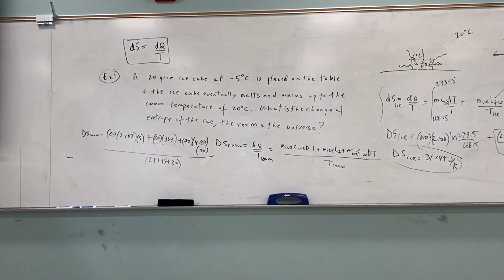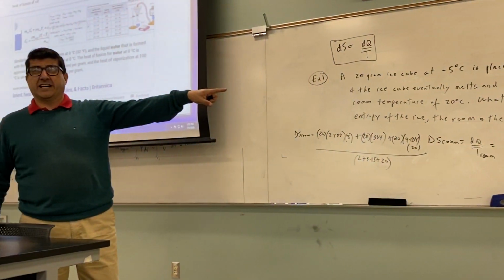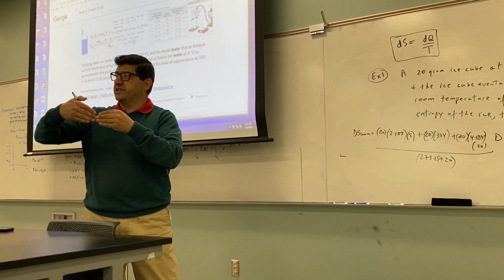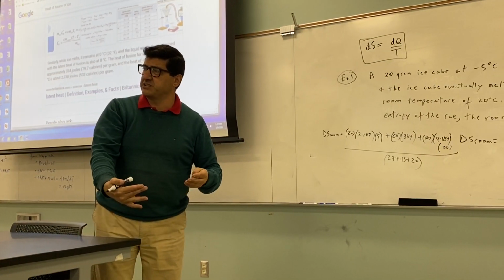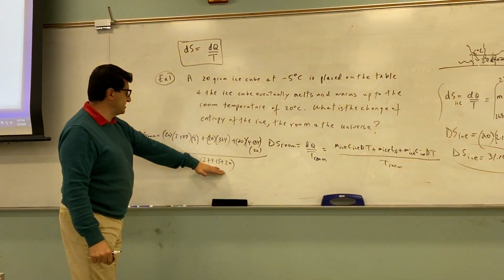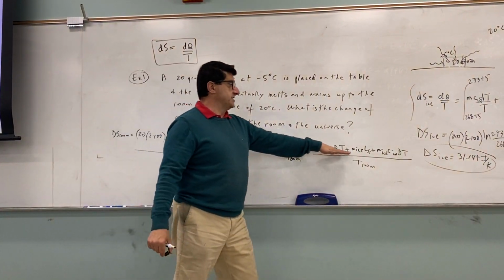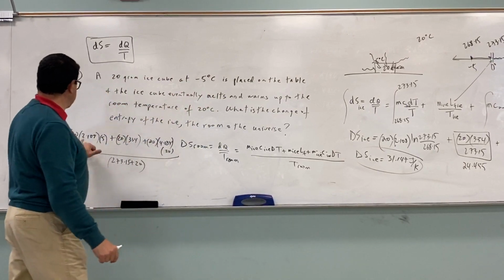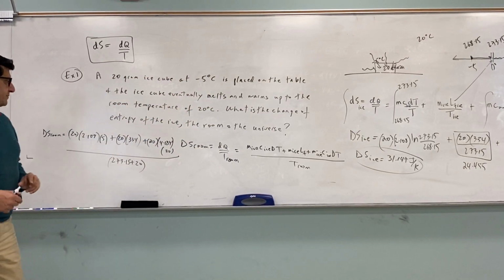It's kind of weird, huh? For change in entropy of the ice is a complete different process. I need to integrate it because the temperature of the ice instantaneously is changing. But for the room, it's constant. All I need at the top is the total amount of heat that went into the ice. So mass of ice, specific heat of ice, change in temperature.